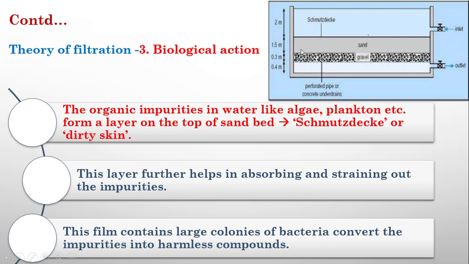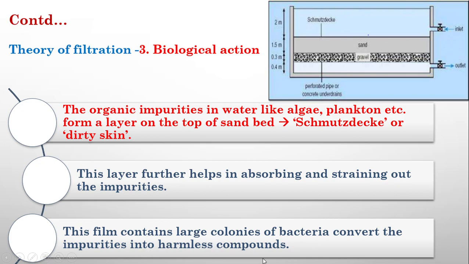This layer contains a lot of microorganisms that react with the water, decomposing the other waste in it. All the other waste in the water will be decomposed by these microorganisms, and these bacteria convert the impurities into harmless compounds.